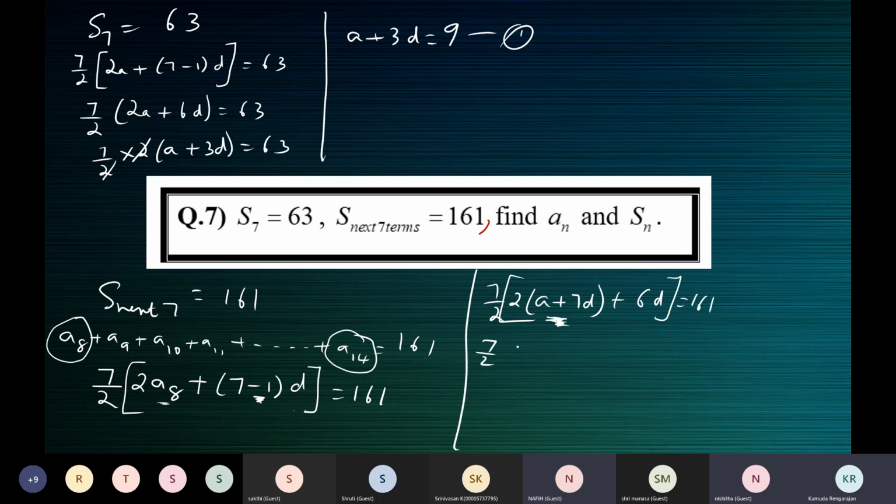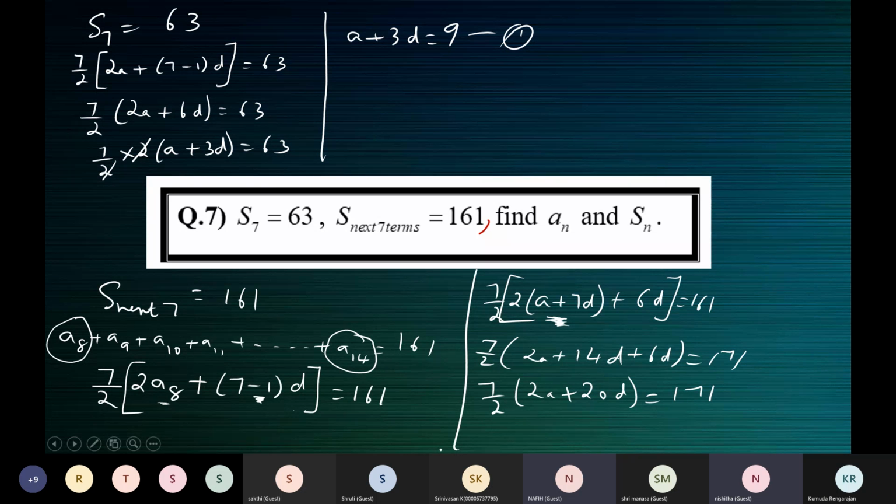7 by 2 of 2a plus 14d. 2 into a is 2a, 2 into 7 is 14, 14d plus 6d is 20d, is equal to 161.